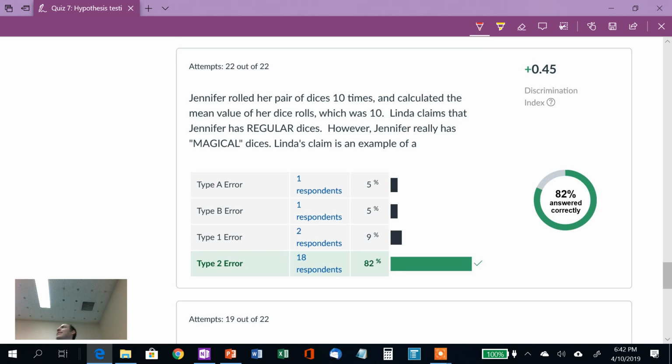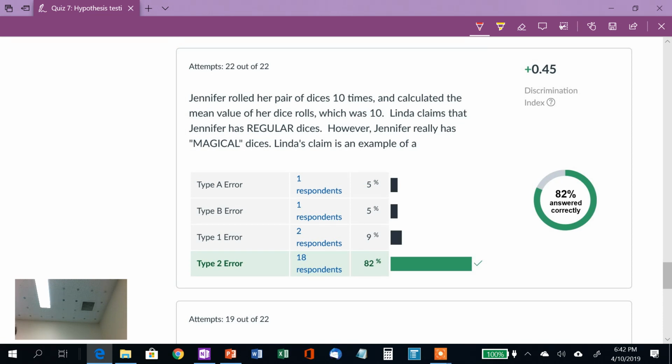So type 2 error is when you claim there are regular dice, but really they're magical dice. That person claims there is no difference, but really there is, the opposite of type 1 error.